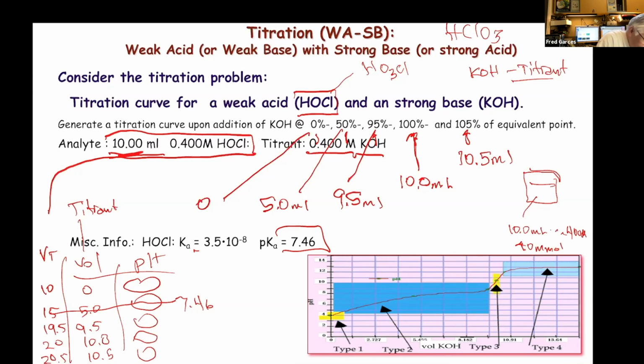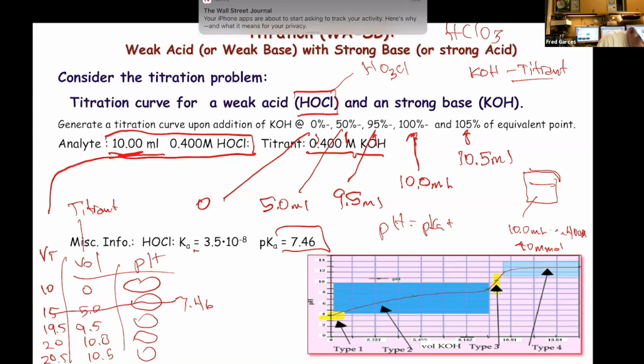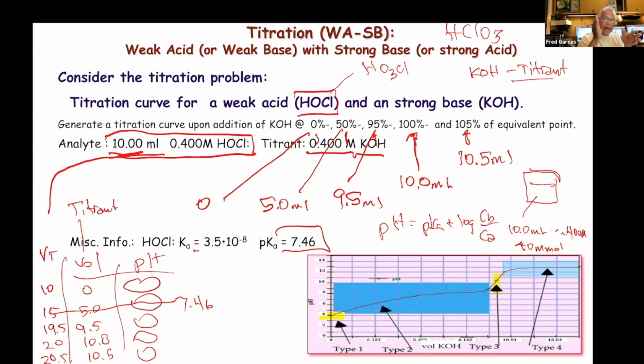Because according to the Henderson-Hasselbalch equation, when I have equal amount of the acid and its conjugate, that's at 50% titration. Let me say that again, at 50% titration, not 100%, 50% titration. You have equal amount of the acid and its conjugate. If they're equal amount, that goes to 1, log of 1 goes to 0, pH equals pKa.